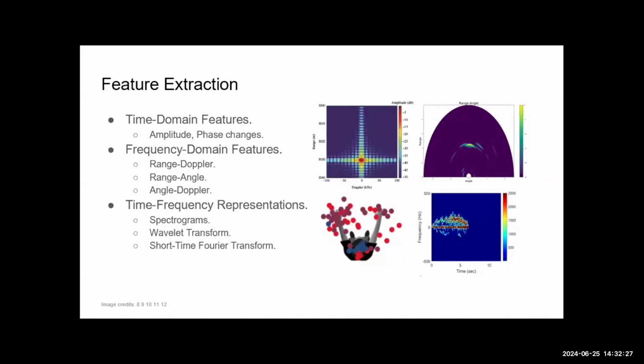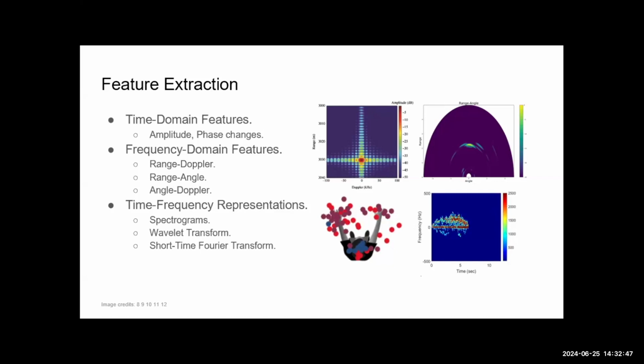Basically, we can extract features from the radar signal, mainly in the time domain, because in the time domain we have amplitude and phase changes of the radar signal.